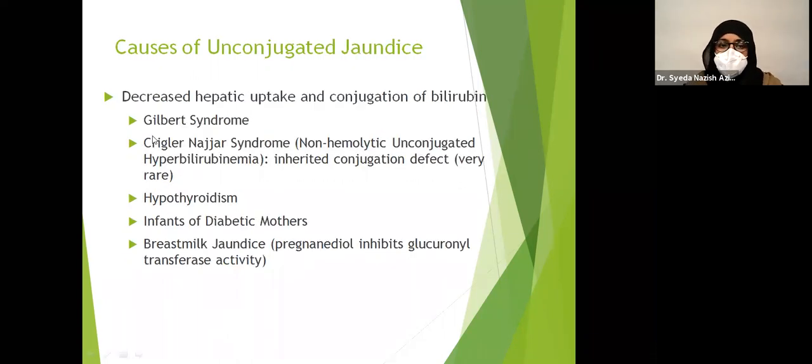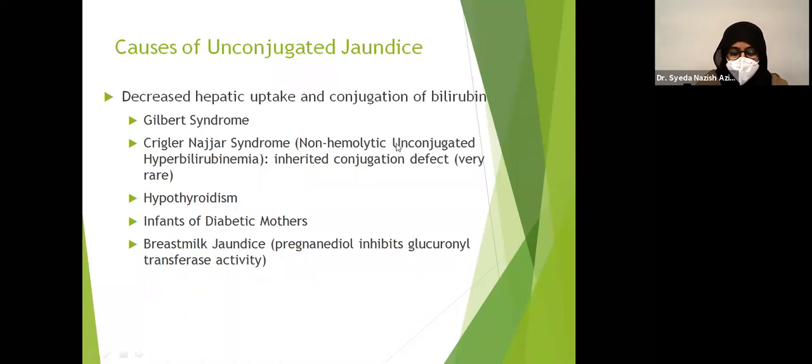The second heading for the causes of unconjugated jaundice was decreased hepatic uptake and impaired conjugation of the unconjugated bilirubin. There are two well-known syndromes that can cause that. One, the benign one, is the Gilbert syndrome, where the enzyme that conjugates the unconjugated bilirubin to the conjugated form is lacking.